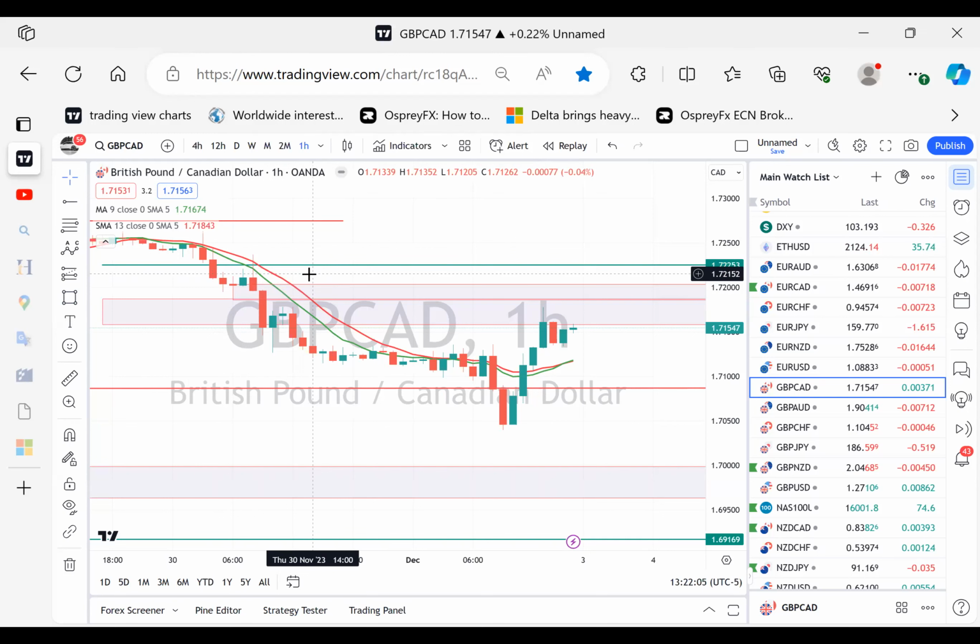If y'all keep listening to ICT, he's going to tell you that this is your order block. And you should expect price to come hit that, from the wick of that candle to this wick, the down move or the up move before the down move.